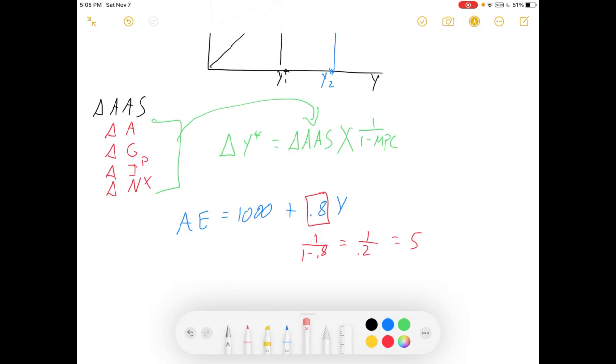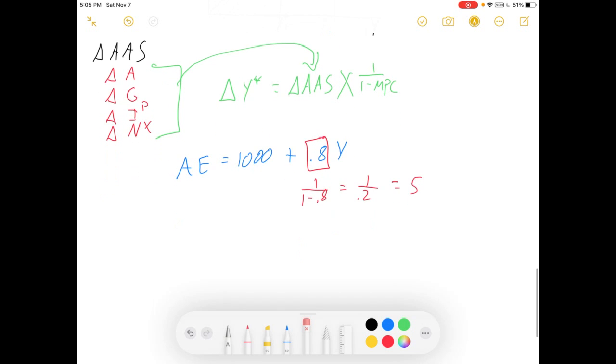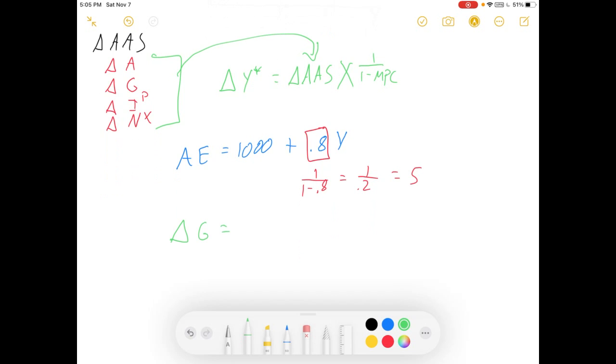Well, a multiplier of 5 means that if my aggregate autonomous spending, say our change in government spending, was equal to $1 billion, how much would that increase in government spending change GDP? Change in GDP would be $1 billion times 5, $5 billion. It multiplies that change in spending around.